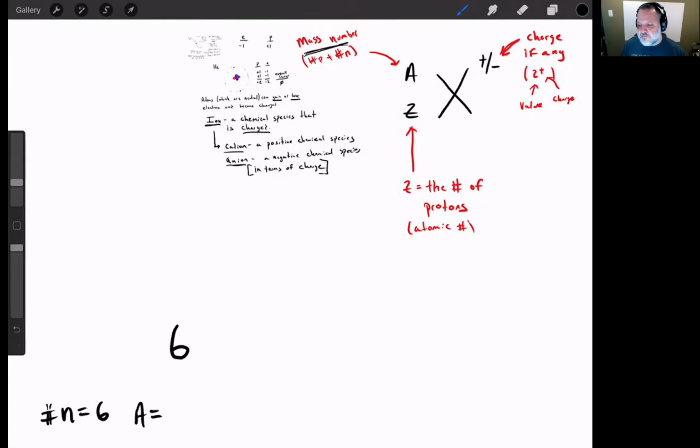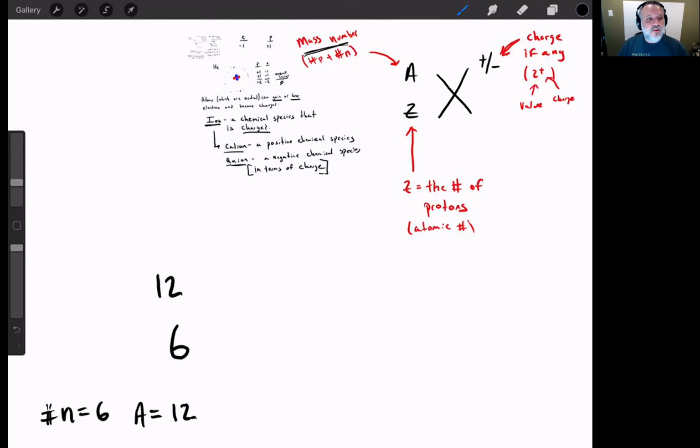Remember, the mass number is the number of protons plus the number of neutrons. It's 6 plus 6, which is 12. Now we're starting to get it.